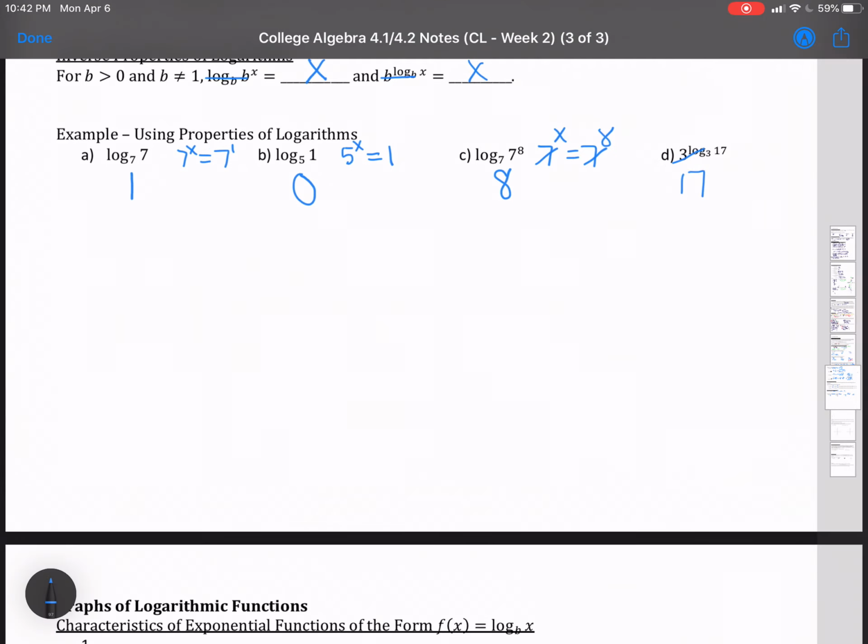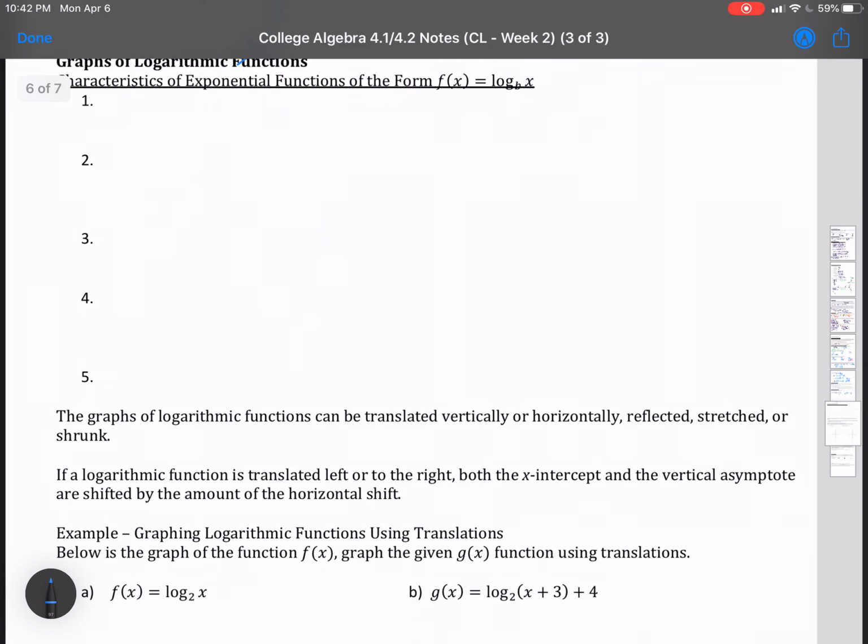All right, so now if we start looking at our graphs. Okay, so again, just like with our exponential functions, when we look at our logarithmic functions, we have 5 basic properties.